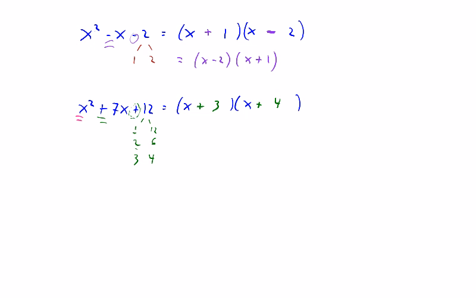You can always check your work by re-expanding it. And the tricky terms are always the middle terms. I'm going to have a 3x and a 4x, which will add up to 7x. And the 3 times the 4 will give me a 12. Let's consider just 2 more examples.